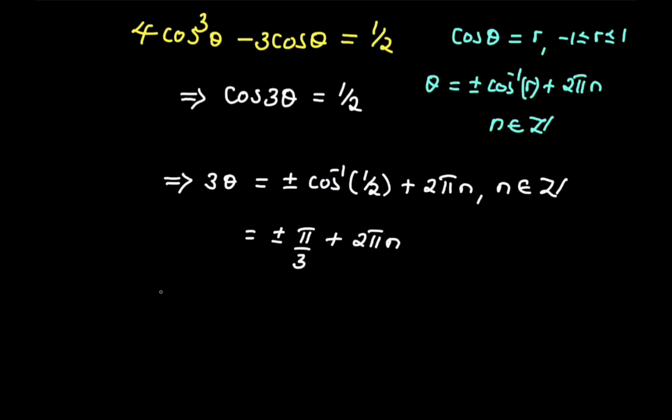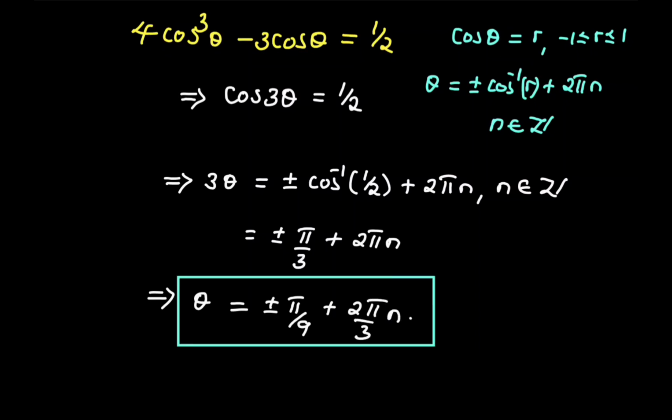And if you divide both sides by 3, we are going to obtain theta, which is equal to plus or minus pi/9 plus 2 pi/3 multiplied by n. From here, it is sufficient to find just the first 3 positive values of theta, since the polynomial is of degree 3.